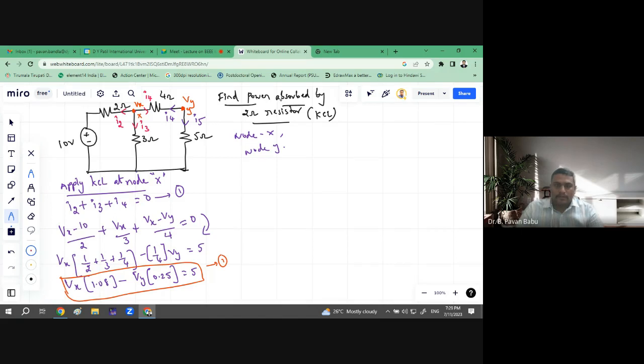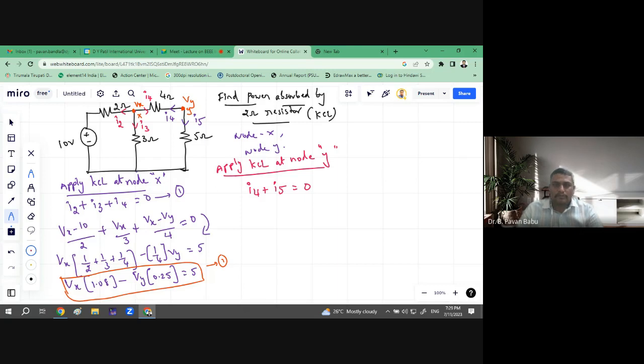Next, apply KCL at node Y. What are the currents for node Y? If you look at node Y, all are outgoing currents, so I4 plus I5 equal to 0. I4 and I5 are outgoing currents and there are no incoming currents.